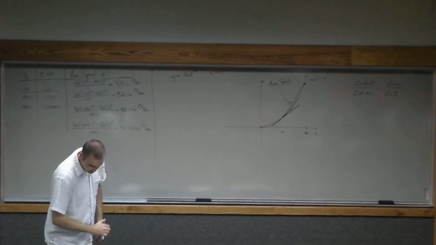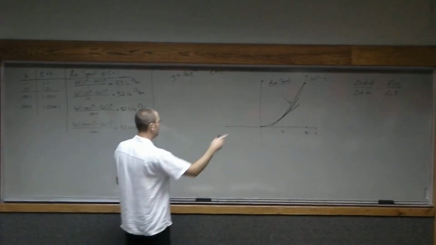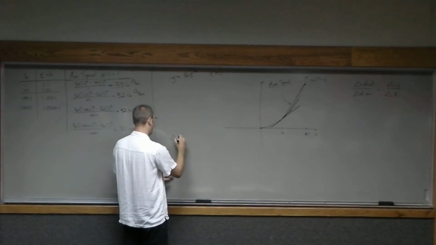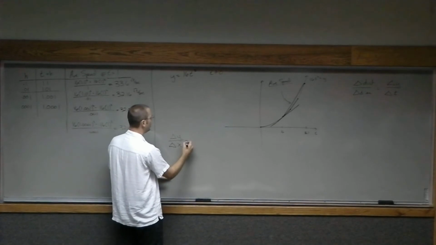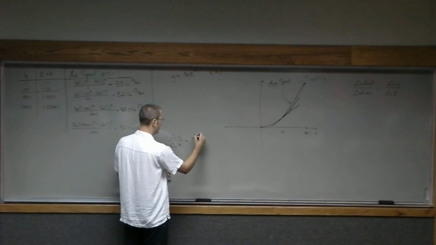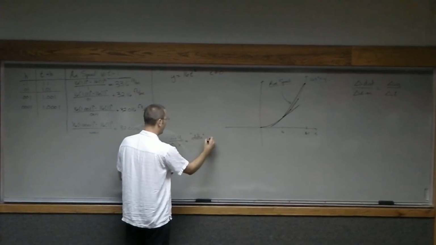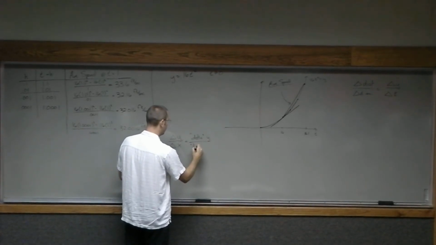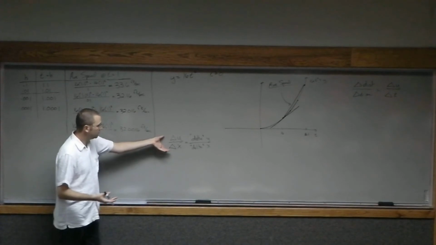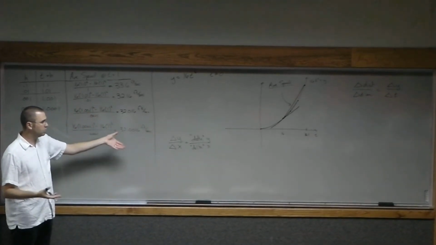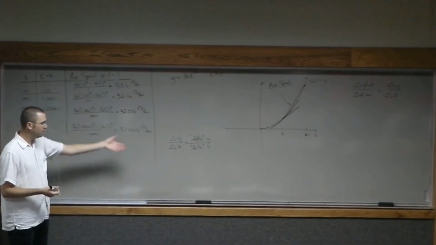All right. This expression, notationally, is also called delta y over delta x. That's what this little symbol is called. It's called a delta. So if you ever hear me say delta y over delta x, this is what I'm talking about.